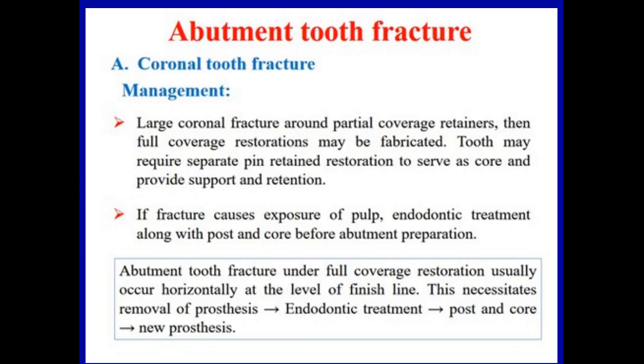The management of the coronal tooth fracture. If the large coronal fracture is around a partial coverage retainer, like a 3/4 retainer or 7/8, then the management of this fracture is full coverage restoration to cover the fractured part, and the tooth may require separate pin retained restorations if it is vital.